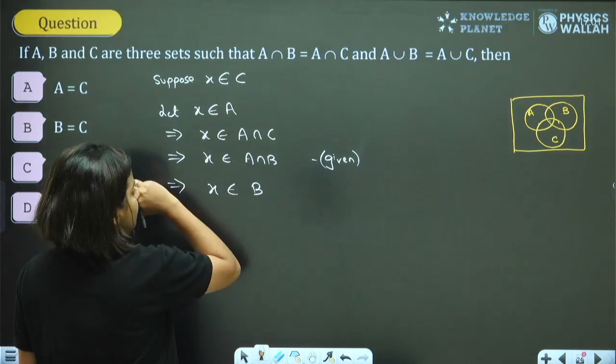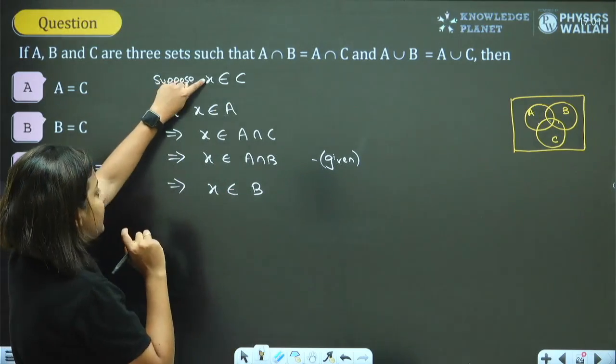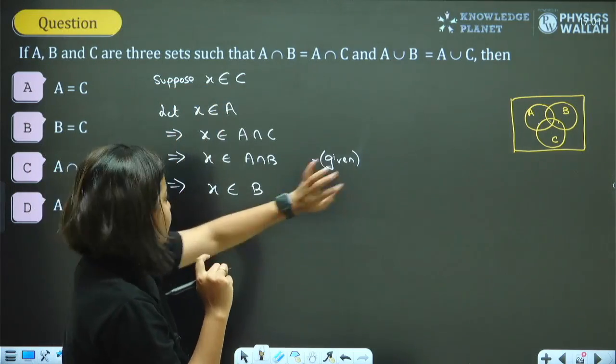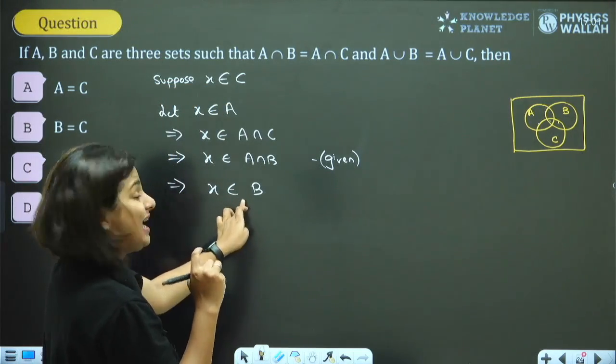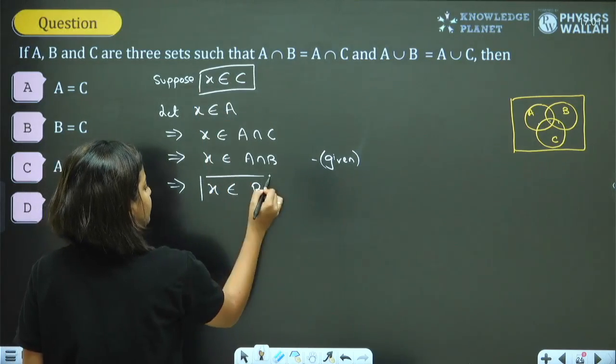X belongs to A, X belongs to B. We started by saying that X belongs to C. We concluded with the statement X belongs to B. What do these two statements tell us?